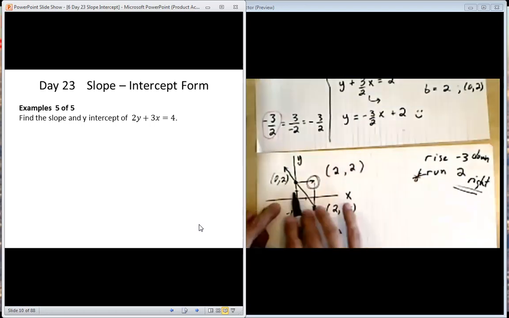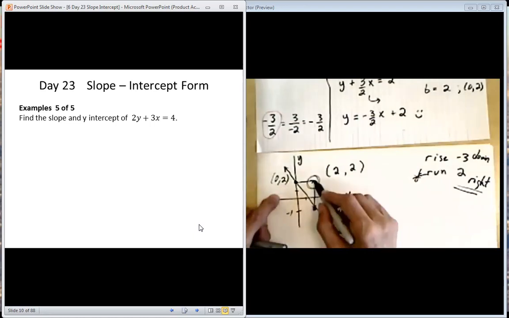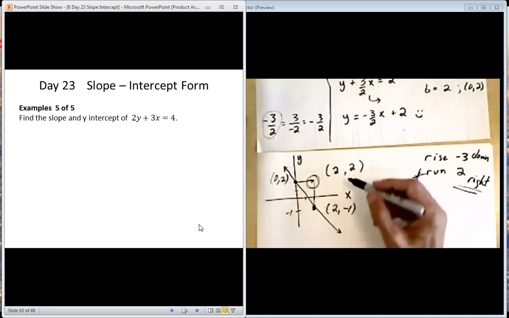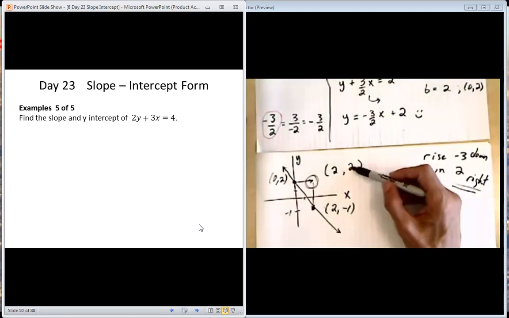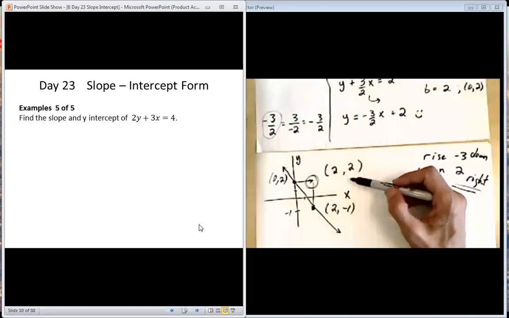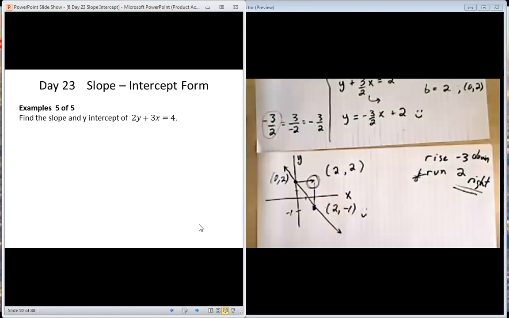Go to the right by 2 from here, but it stays at the same height. So that point here would be 2, 2. Then it goes down by 3 for this part. So you go from 2 to 1 to 0 to -1. Down there. Okay. So that's going to finish this off.